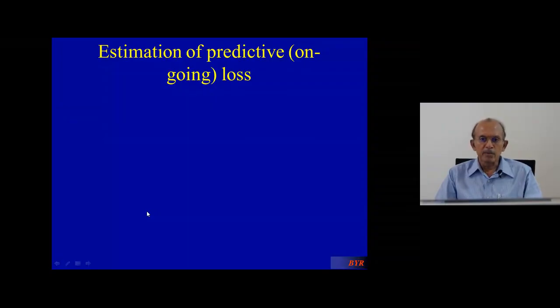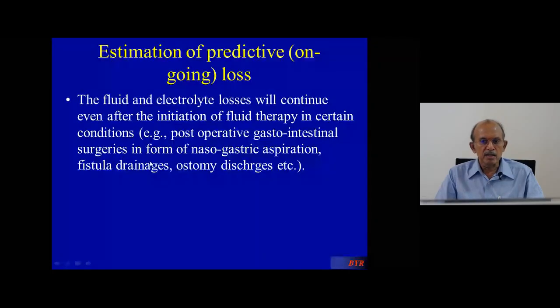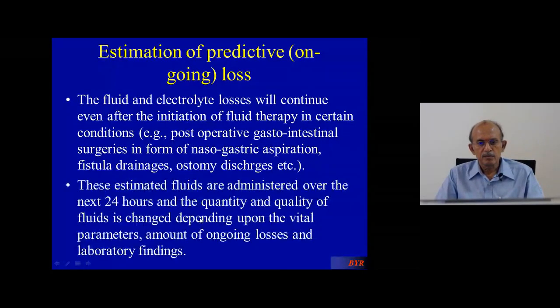Then how do you estimate the ongoing losses? The fluid and electrolyte losses will continue even after the initiation of fluid therapy in certain conditions, like post-operative gastrointestinal surgeries, in the form of nasogastric aspiration, fistula drainages, ostomy discharges, etc. These estimated fluids are administered over the next 24 hours, and the quantity and quality of fluid is changed depending upon the vital parameters, amount of ongoing losses, and laboratory findings.